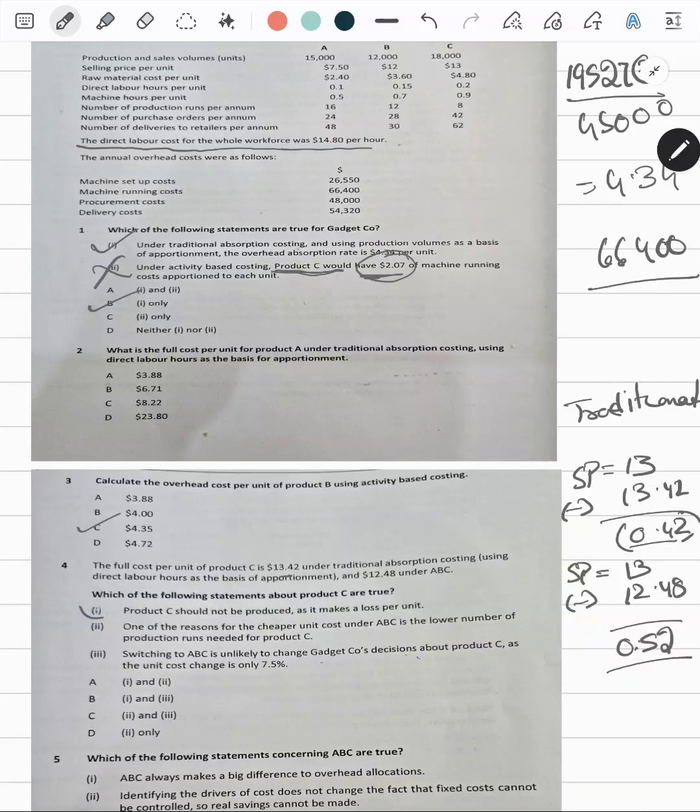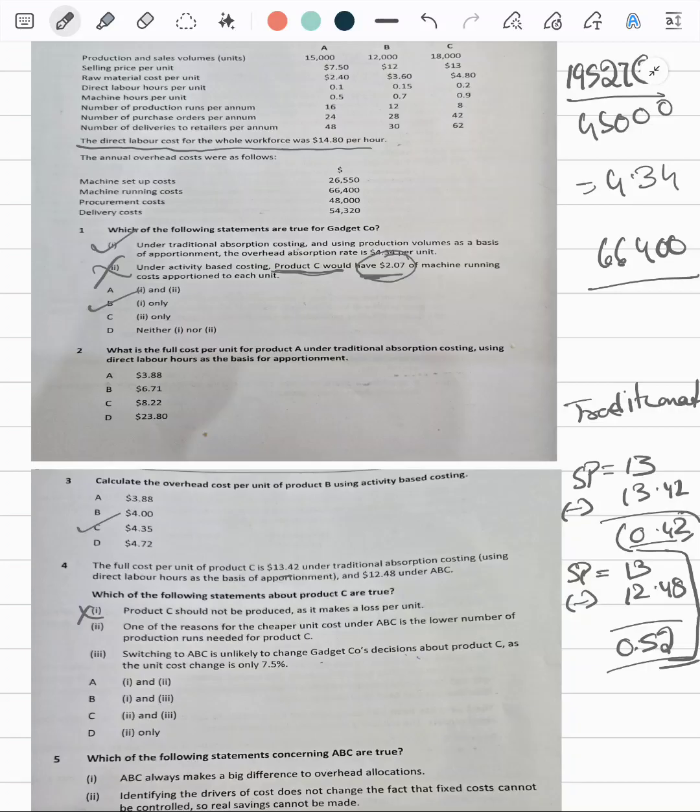This is incorrect because it is making a loss as per the traditional absorption costing method, but it is not making any loss as per the ABC costing method. So if product C is produced using ABC costing, then it can make a profit.